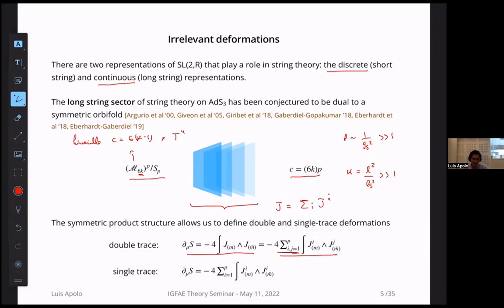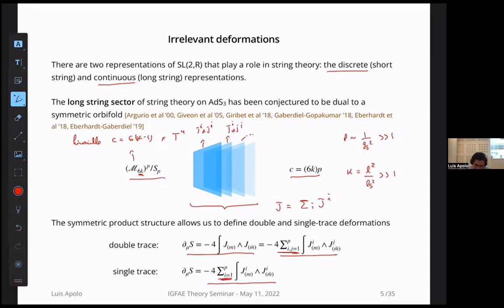But alternatively, because of the structure of the symmetric product, I can define a single trace version of the deformation, where I take each of the theories and I deform it by the corresponding antisymmetric product of conserved currents, and so on. So a single trace deformation is defined this way, and you see that the difference is that there's only one sum.